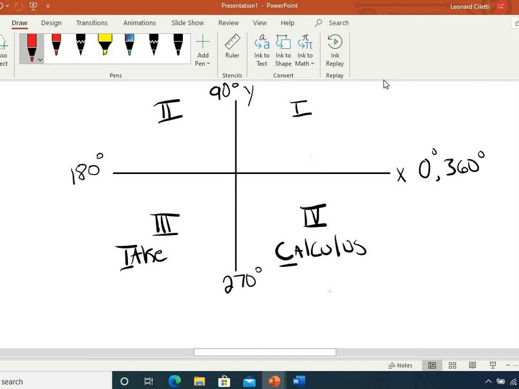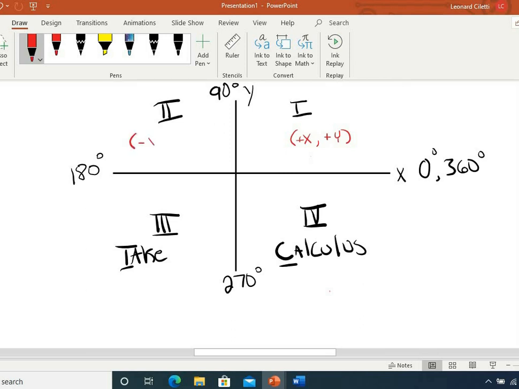So here's why. For any point in quadrant 1, x is going to be positive, and y is going to be positive as well. So all x's and all y's are going to be positive in the first quadrant, right? Over here in quadrant 2, we're going to have what?